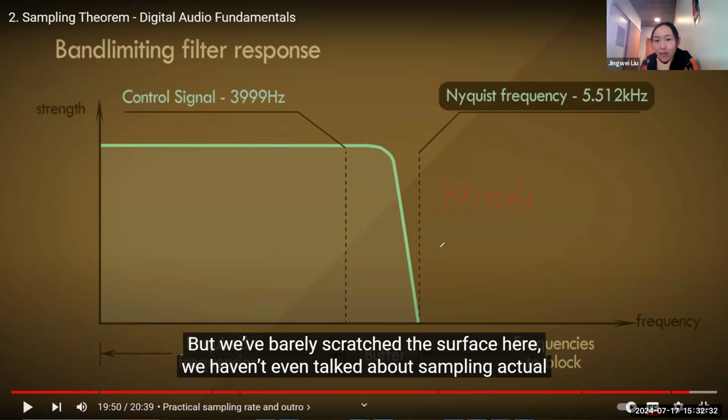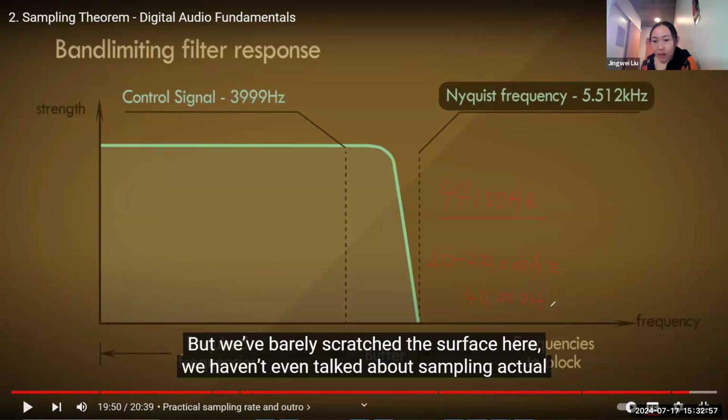So we see for human hearing, the range is 20 to 20,000 Hertz. So theoretically, if we follow this Nyquist sampling theorem or Nyquist limit, 40,000 Hertz would be enough, right?